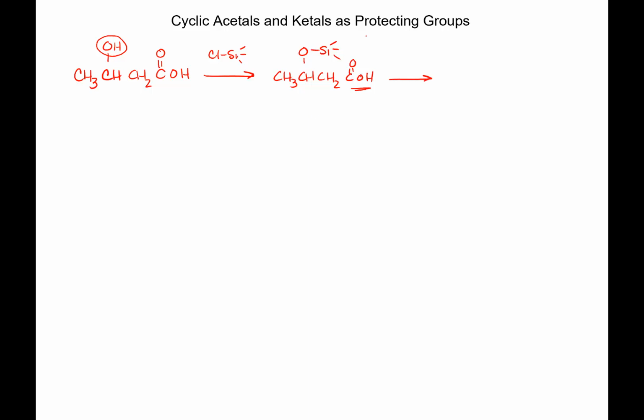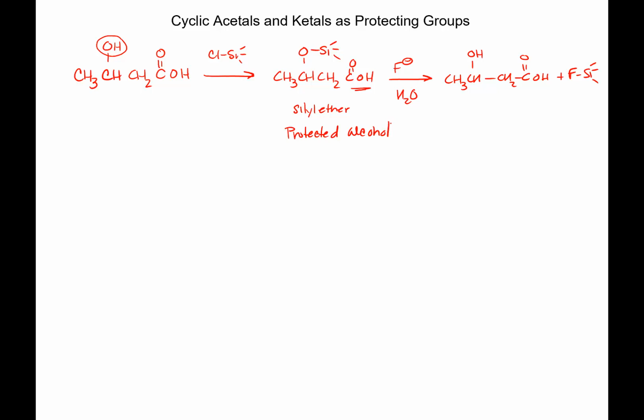Then when I want to take the trimethylsilyl group off, remember this was called a silyl ether, I just used fluoride in water, and that would strip off the silyl group and return the alcohol. We end up with the fluorine attached to silicon, and the driving force for that is the formation of a very strong silicon-fluorine bond. So we've done protection before. This molecule would basically be a protected alcohol.